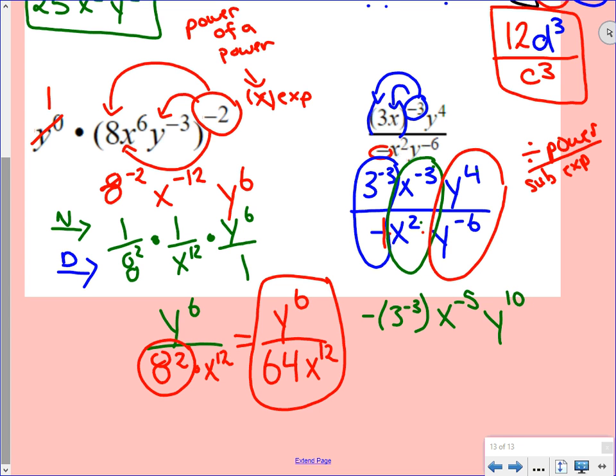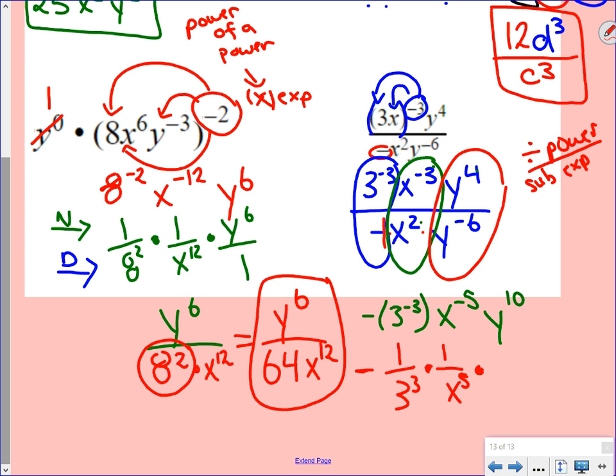Last step is to make it all positive exponents. 3 to the negative third we write as 1 over 3 to the positive third. X to the negative fifth is going to be 1 over x to the positive fifth.